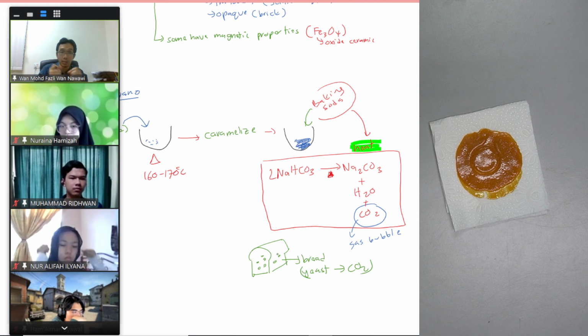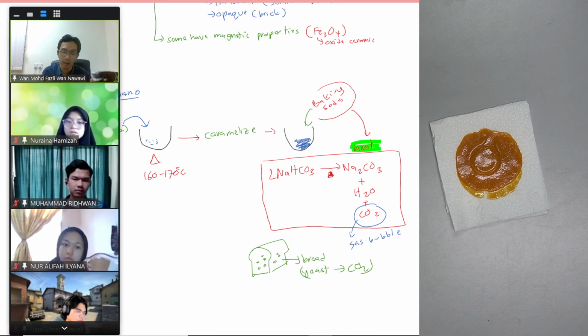That's why bread is bigger and fluffy. Here you use yeast, a microbe, which takes a longer time. But baking soda decomposes through heat and also releases carbon dioxide, so the caramel becomes bigger and bigger.